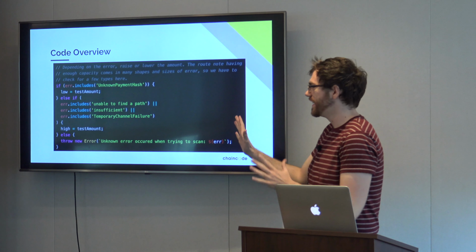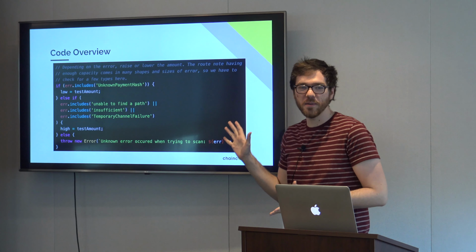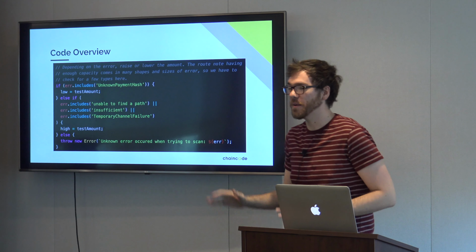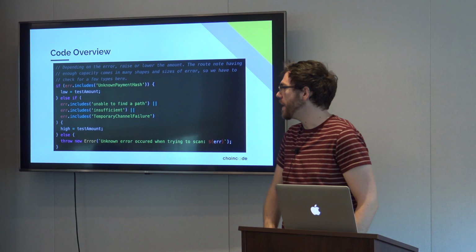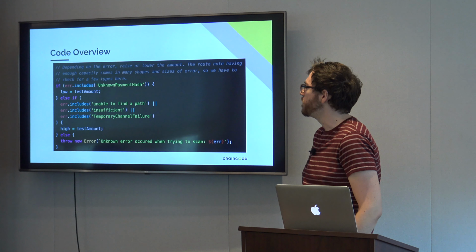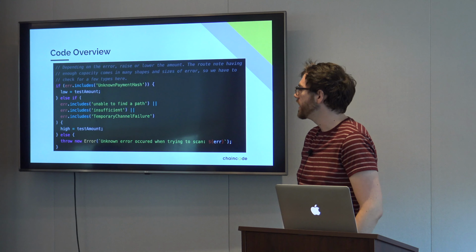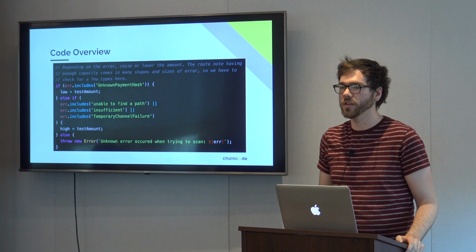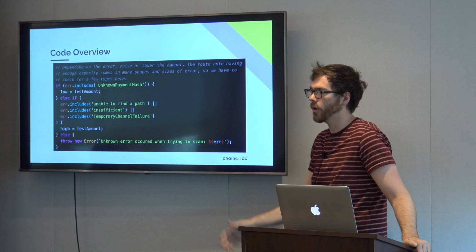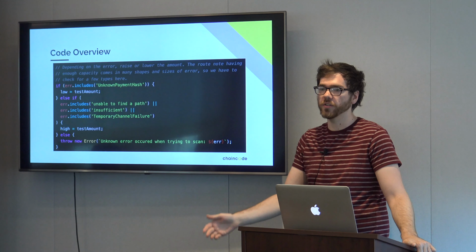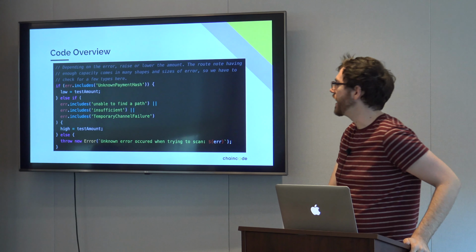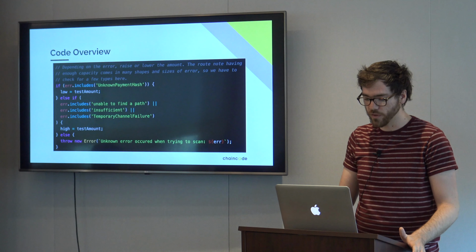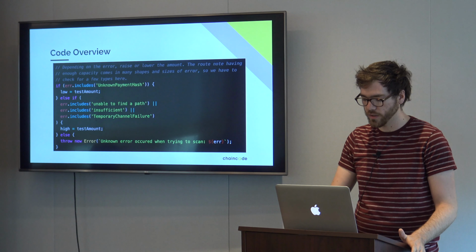It might report many reasons, and these ones all meant that the amount was too high. And if there's some unknown error in there, we're just going to bail out. That could be a network connectivity error, or this channel doesn't exist. Lots of things could go wrong in here. So that's really all this code is doing.